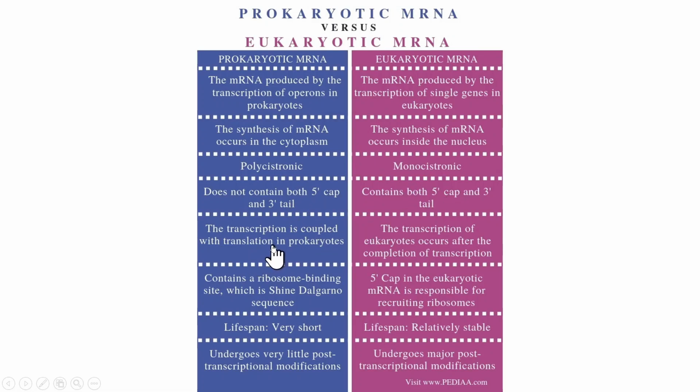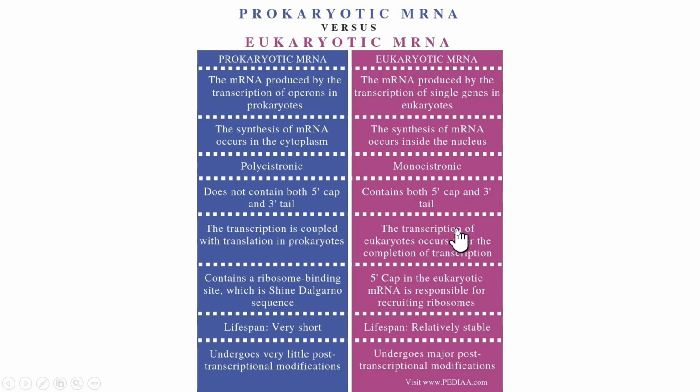In the case of prokaryote, as it is transcribed in the cytoplasm itself, along with transcription, translation is also going on. So it is coupled there. But in the case of eukaryotes, the transcription is happening inside the nucleus, and after that only it is possible to transport outside the nucleus to cytoplasm for the translation.